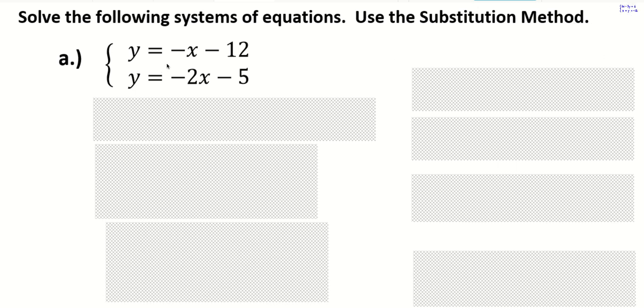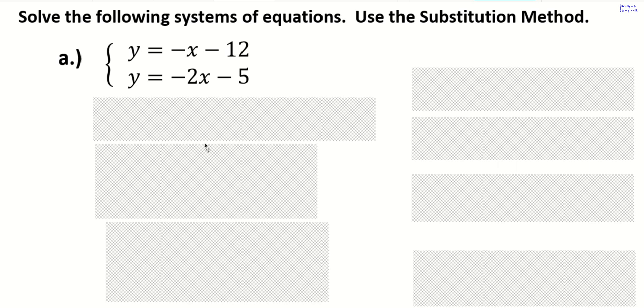Ignore that. So, okay, this is my system, and as much as you probably could find some graph paper and do this with the graphing method, we're going to do substitution. So what we need is one of the equations solved for one of the variables.